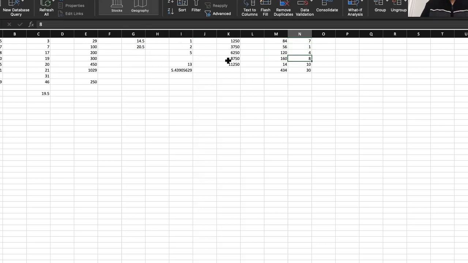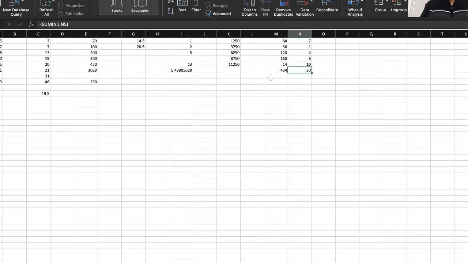To find the mean, I took the sum of all the classes times the frequencies, and I found the sum of all the frequencies.